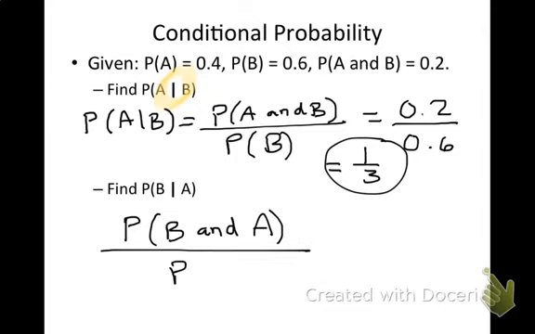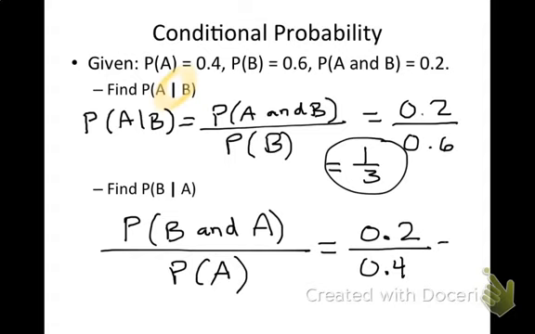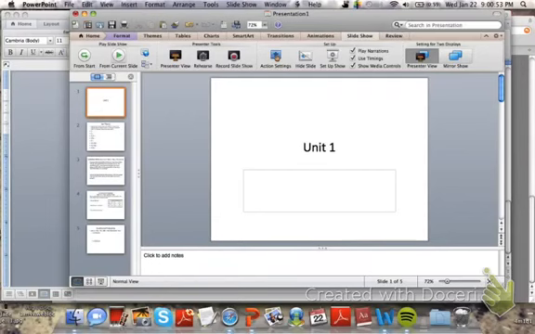But underneath, we're doing our given, which in this case is A. So the probability of B and A is 0.2, because it's the same as A and B. And the probability of A is 0.4, which gives us 1/2. Okay. And we're done.